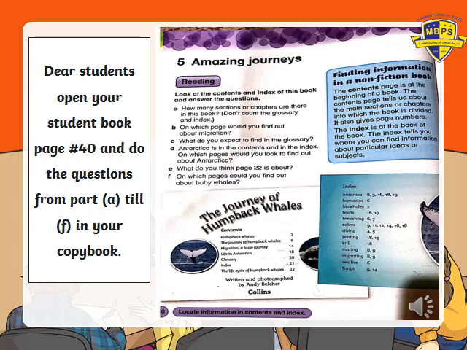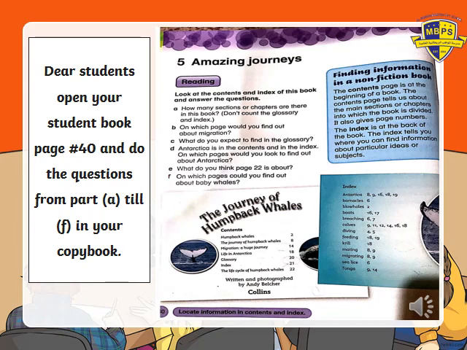So here is your task for today. This is your student's book, page number 40. If you open it, you will see that page. That is Amazing Journeys, right? If you look at the right blue box, they have given you the definition of table of contents and the index that we have discussed in the previous slides.